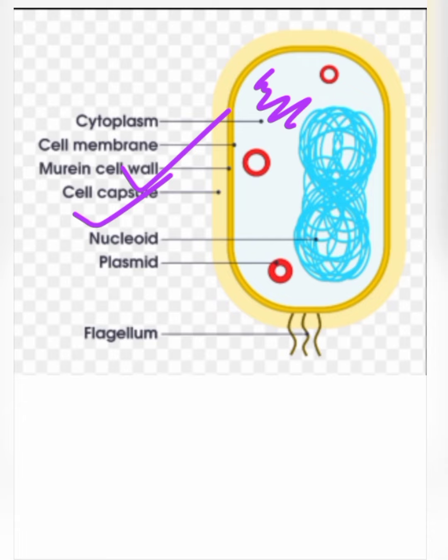There's a speciality of the prokaryotic cells, the bacterium especially: the organelles which are present here are not membrane bound, they are lying freely in the cytoplasm. Now you know what cytoplasm is. Now we are talking about this blue kind of complex structure.